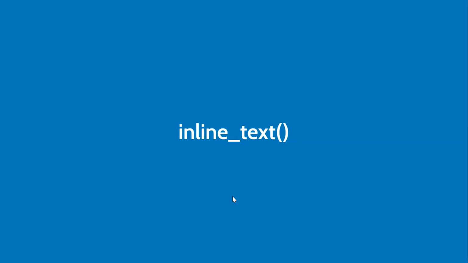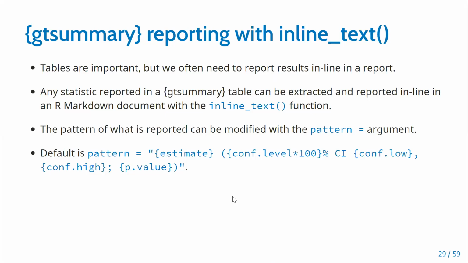And now I mentioned this earlier, this is the inline text. Creating tables that are really reproducible and beautiful is quite important, but reporting those results in the text of a report is also incredibly important. So for every gtsummary table, the results can be printed in inline text, but these examples are going to pertain to regression tables.